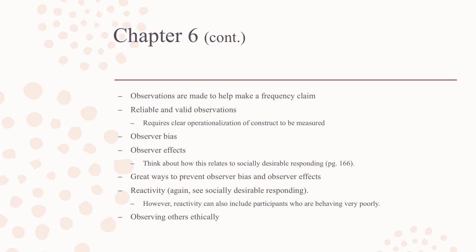So, observer effects are kind of like participants behaving differently because they know they're being watched. There are some ways to prevent observer bias and observer effects. You could have double-blind studies where the researchers don't know who's getting what condition.